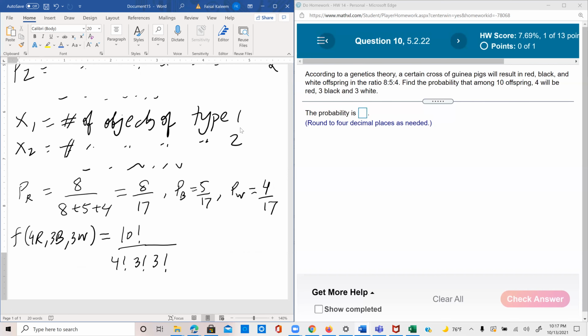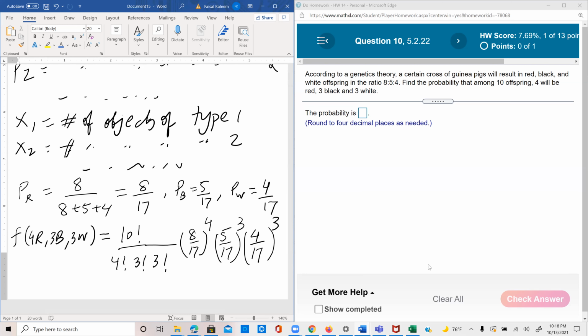So 8/17 power 4. Then black probability is 5/17, and we have 3 blacks. And then white probability is 4/17, and we have 3 whites.